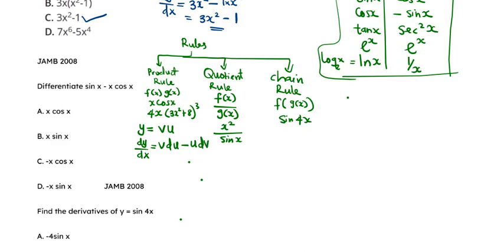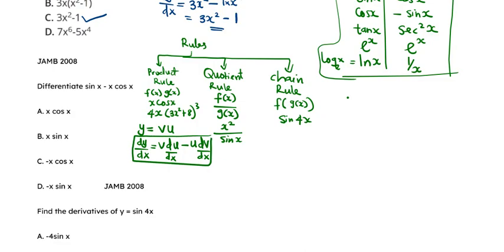Let's say it is with respect to variable x, so that means it's du/dx and dv/dx. This is what we call the product rule, when you have two functions multiplying themselves.